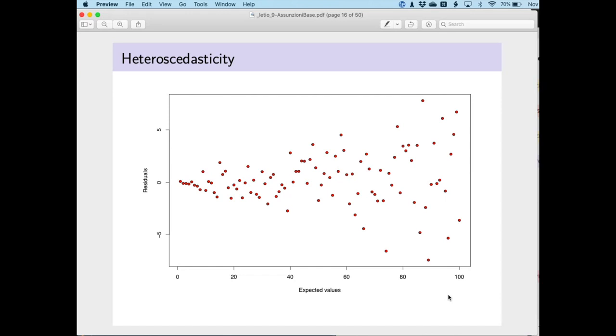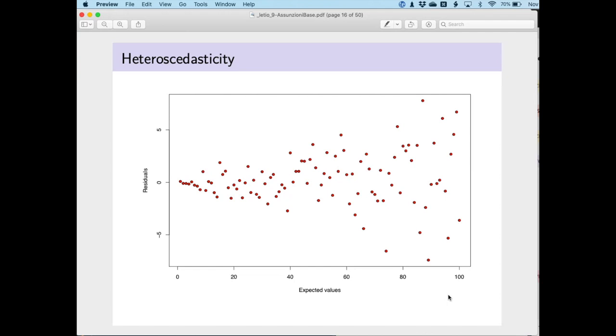So the variances are not homogeneous. They increase when the average value increases. So treatments with low average have low variability, and treatments with high averages have high variability. So variances are not homogeneous.